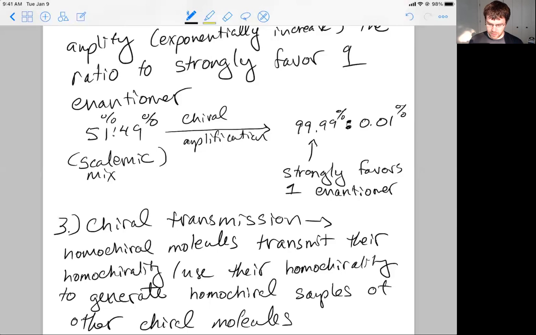Okay, so we want to generate homochiral samples of other chiral molecules.